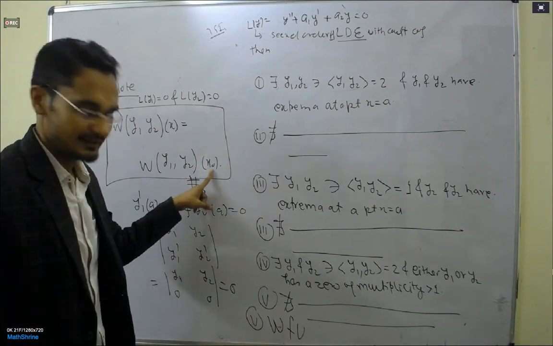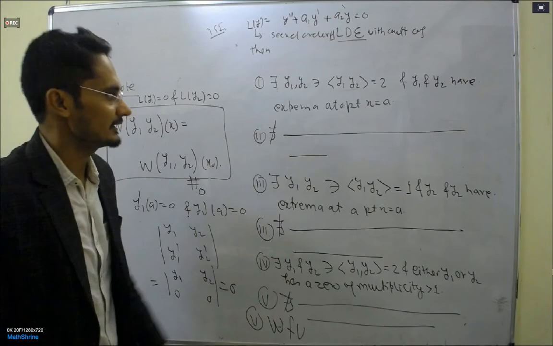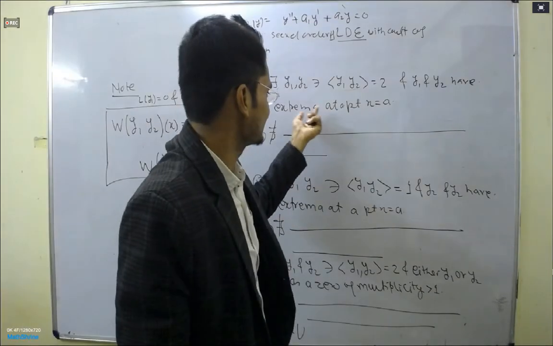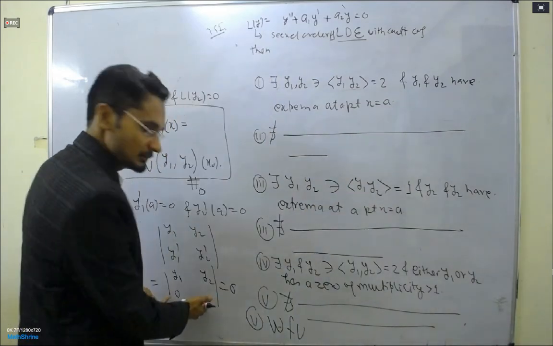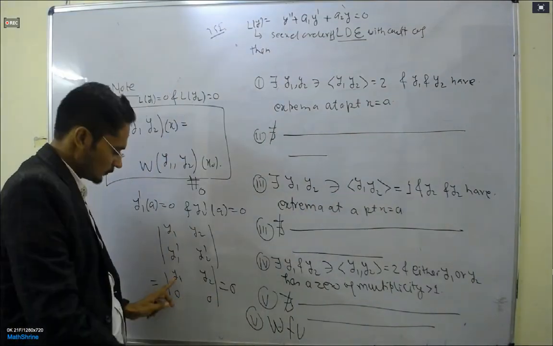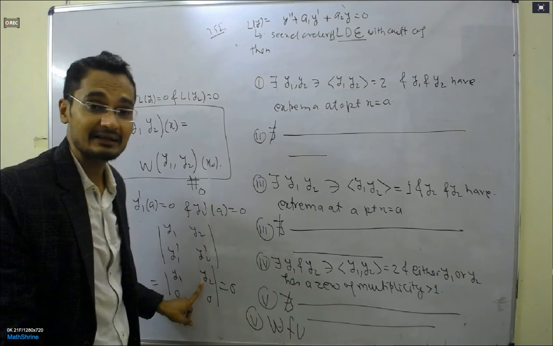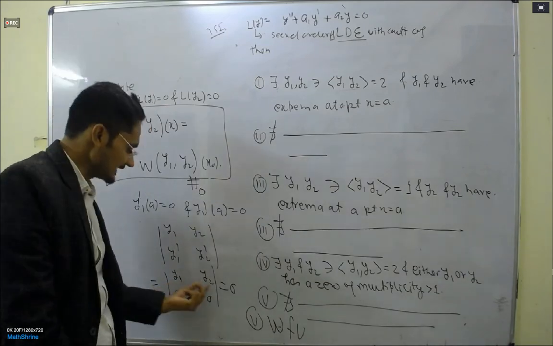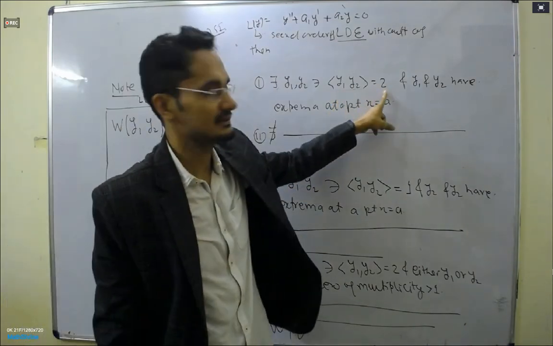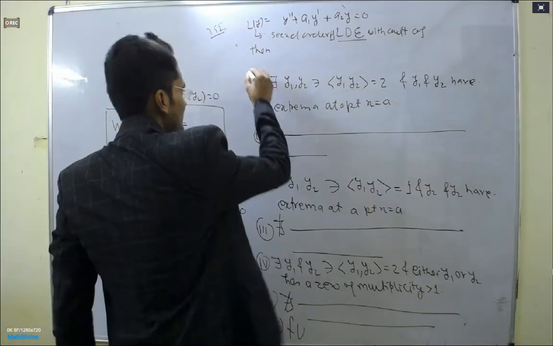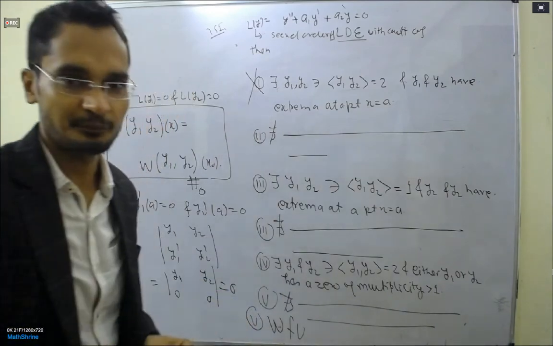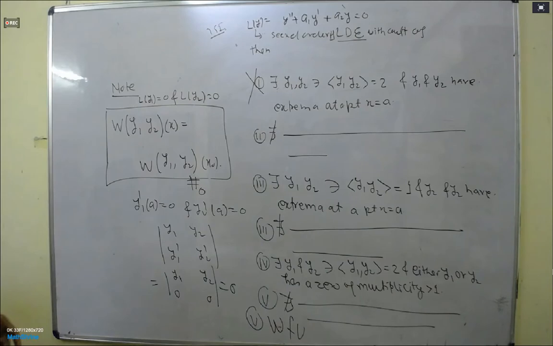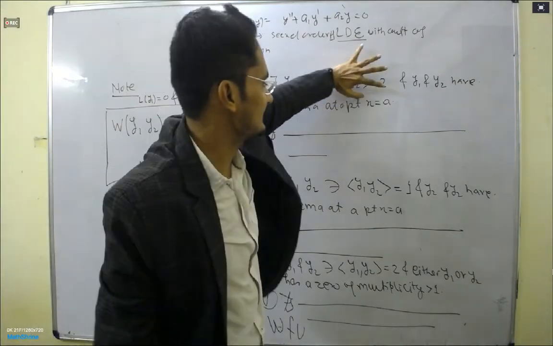Hope it is clear to everyone. If y1 and y2 have dimension 2, this implies that y1 and y2 are linearly independent. But the last statement telling extrema at x equal to a, y1 dash at a, y2 dash at a equal to 0, that is then not true. So the determinant 0, this Wronskian 0 means they are dependent, and once they are dependent, their dimension cannot be 2.